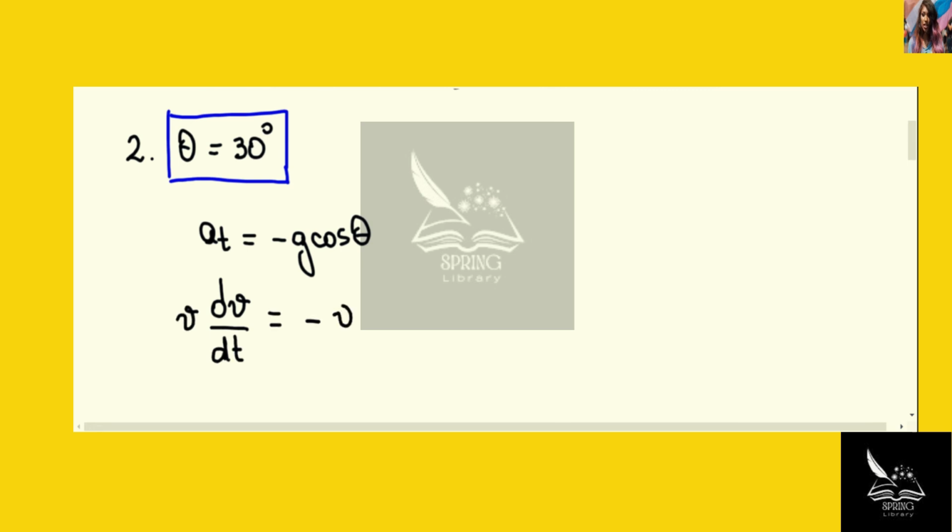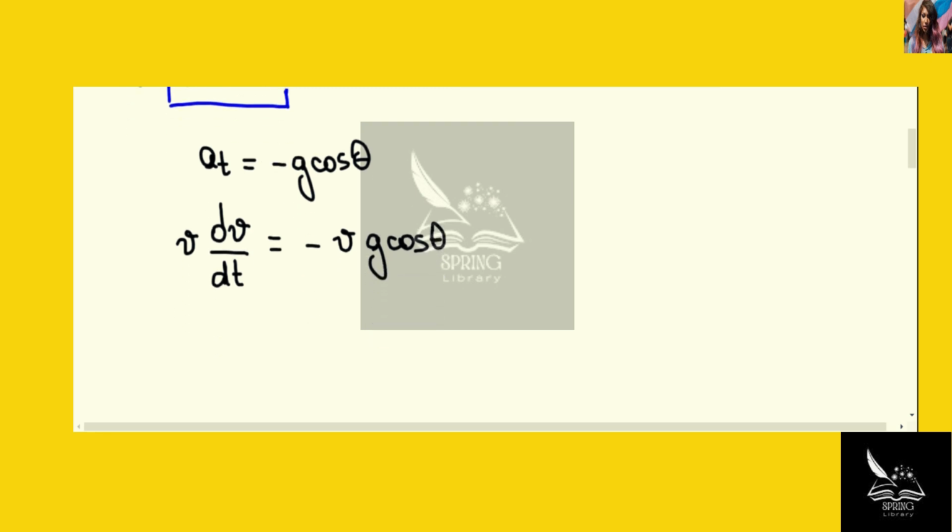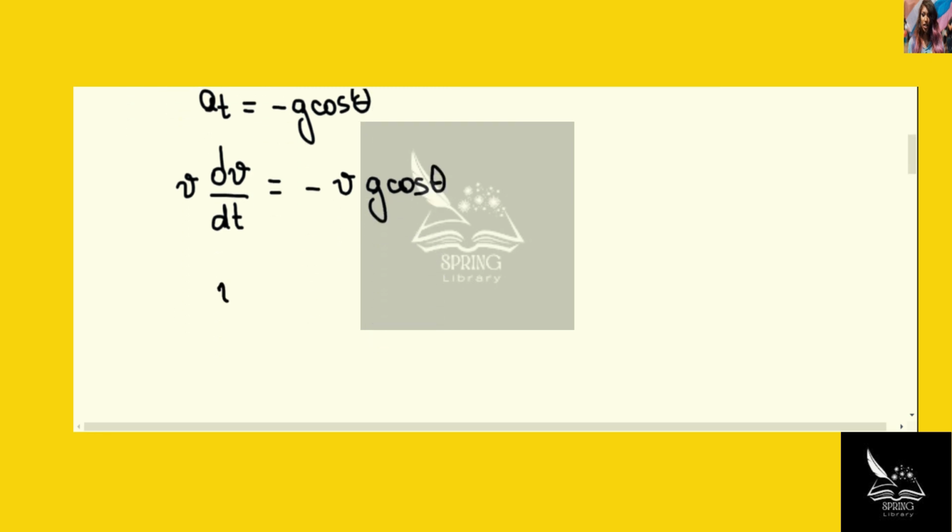So we have minus vg cosine of theta. So we have v times dv/dt is equal to minus v, and v is equal to dl/dt, times g cosine theta, and I'm going to say what dl is.